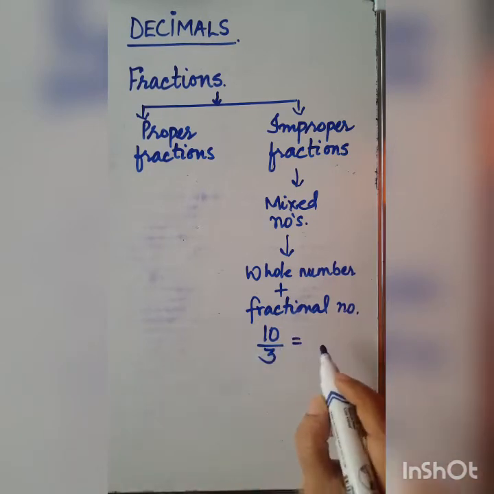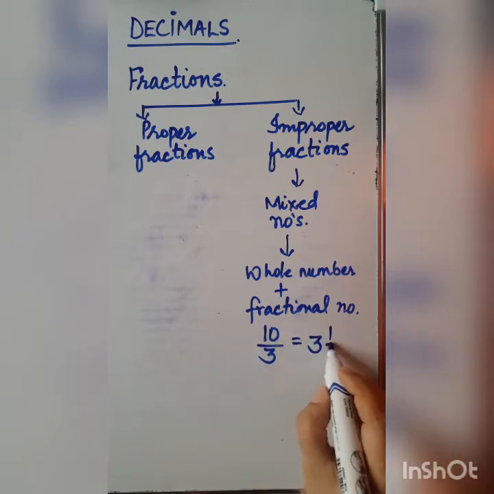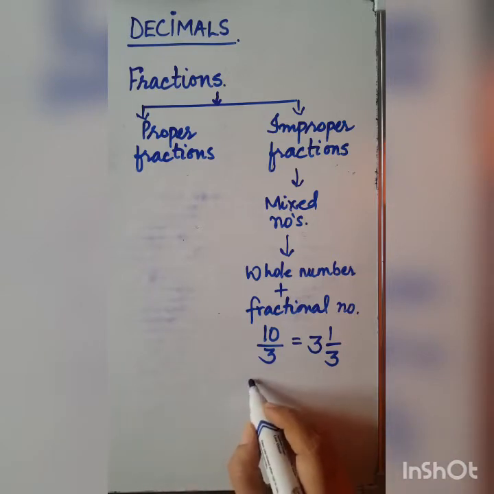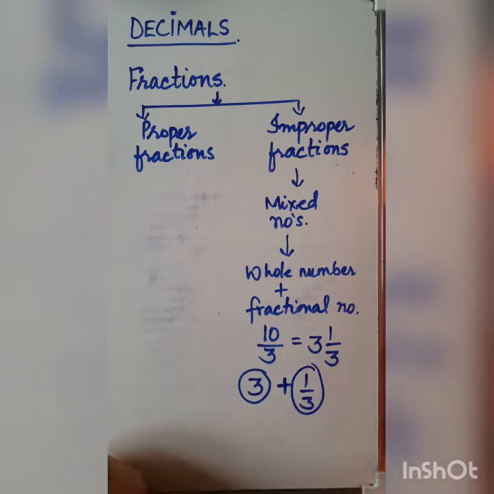If I divide 10 by 3, it will give me 3 and 1 by 3. That means 3 threes are 9 plus 1, 10 by 3. That means it has 3 as the whole number plus the fractional part is 1 upon 3. Such examples in real life you will find while dealing with money, height, weight, etc.